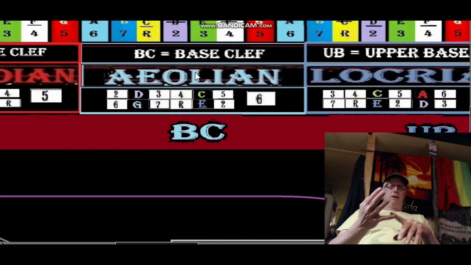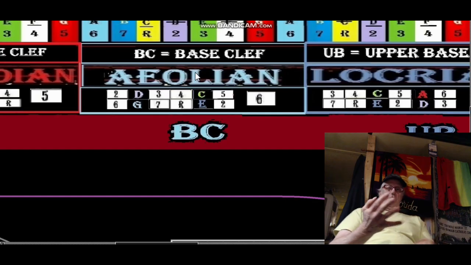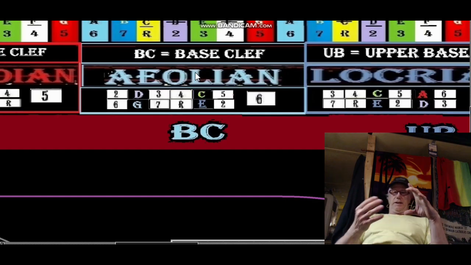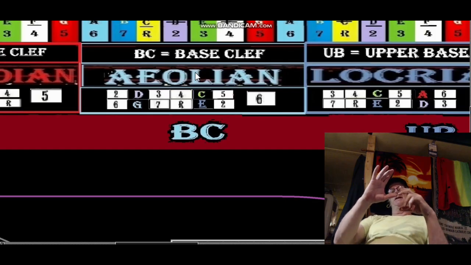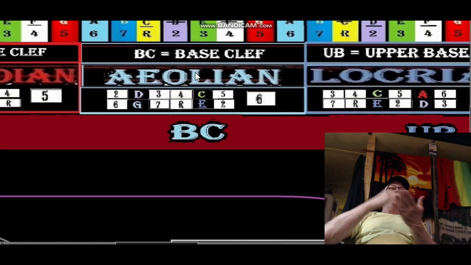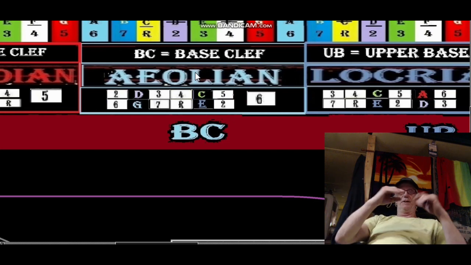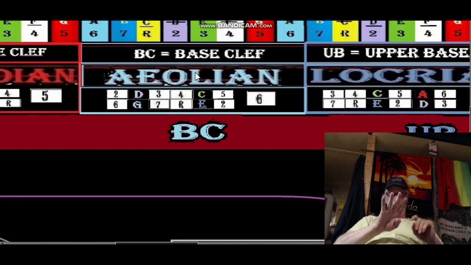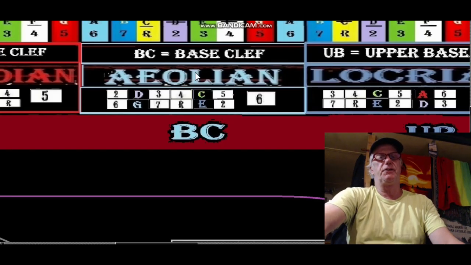Now remember, in the bass clef, the Mixolydian and the Aeolian, or the lower bass mighty clef and the bass mighty clef, remember the mighty clefs are the F-A-C-E notes of the treble clef. They're the in-between line notes, the four of them, that make a major scale, a major seventh chord.